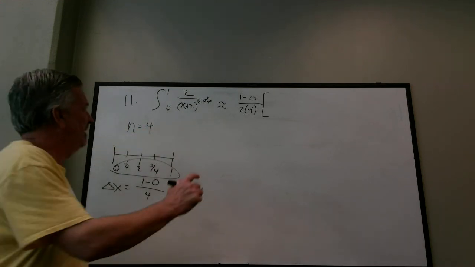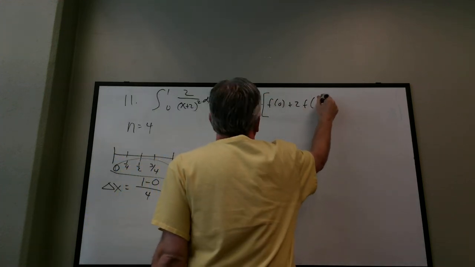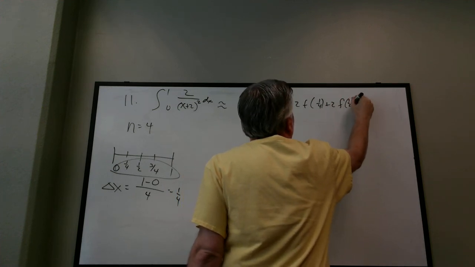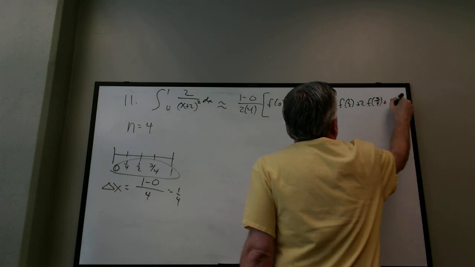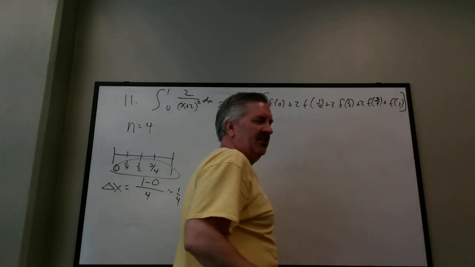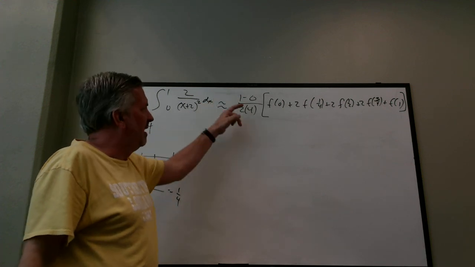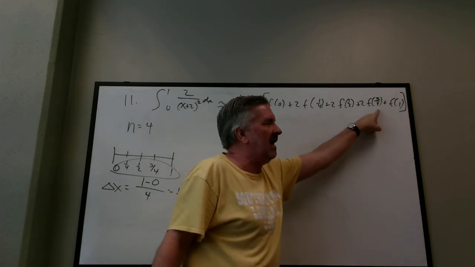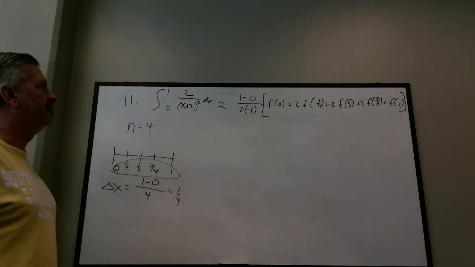So I need f of 0 plus 2 times f of a fourth plus 2 times f of a half plus 2 times f of 3/4 plus f of 1. Okay? So that's the trapezoidal rule. Remember, it's b minus a over 2n, f of a, f of b, 2 times f of all the ones in between. So those three.